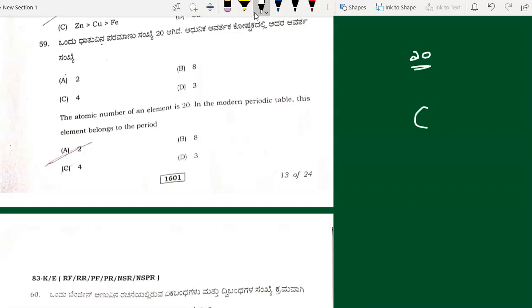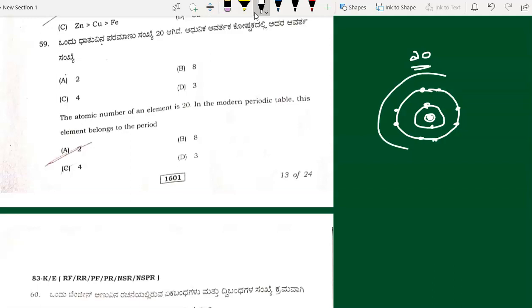If you draw, this is the nucleus, this is the K shell, then L, M, N. The K shell can hold 2 electrons. The second shell can hold 8 electrons. 2, 8, and then 8, making 18 so far.